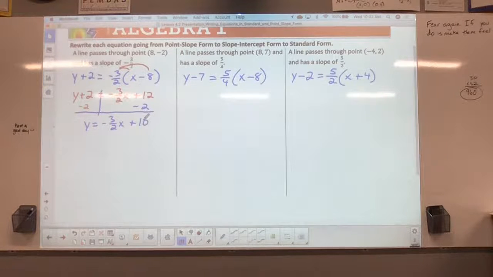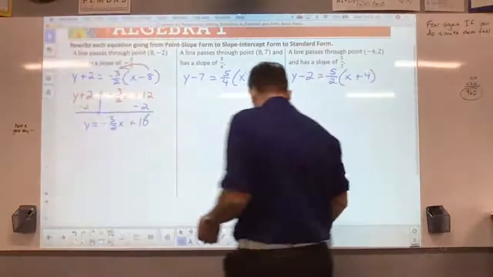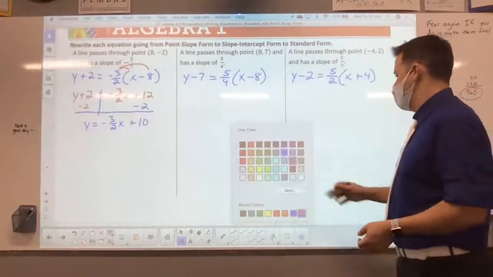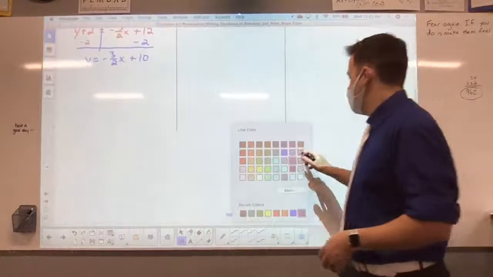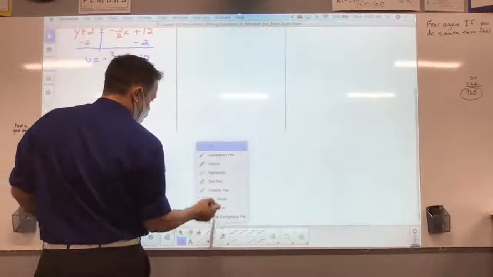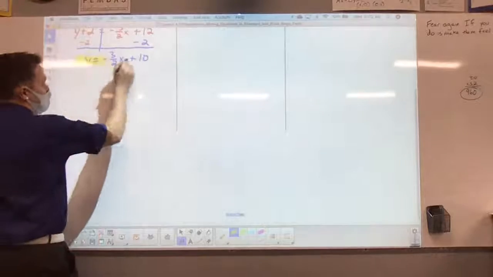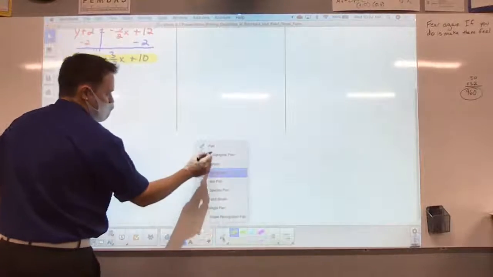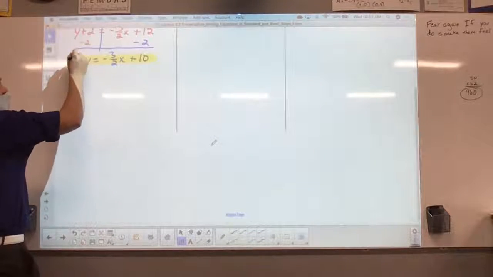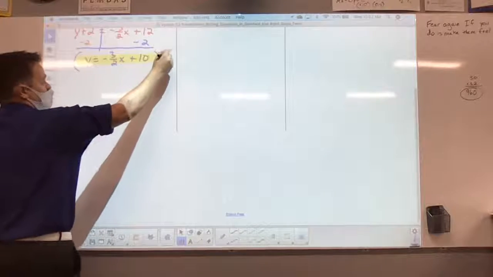Now we have to get it into standard form, which means you have to get rid of that fraction and multiply everything by what? 2. So if I can highlight this one, that's my result. But now I want to go back to my pen and multiply everything by 2.